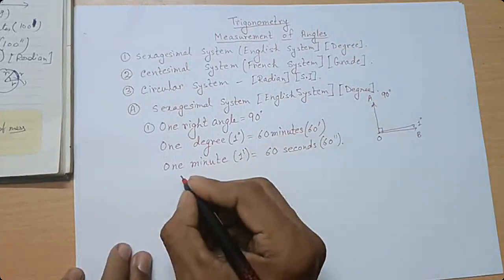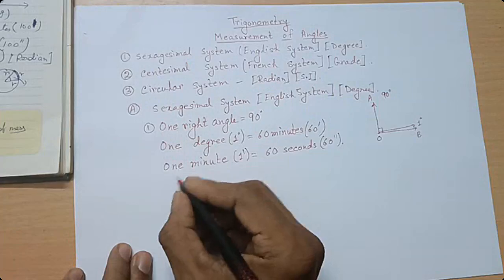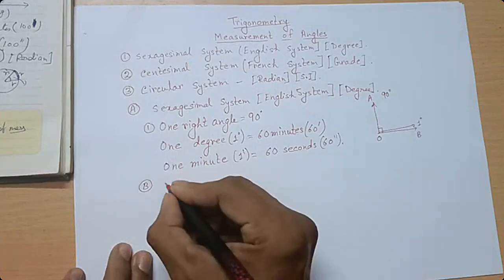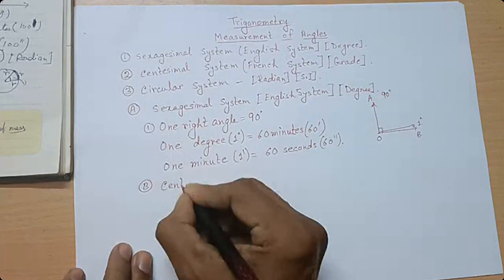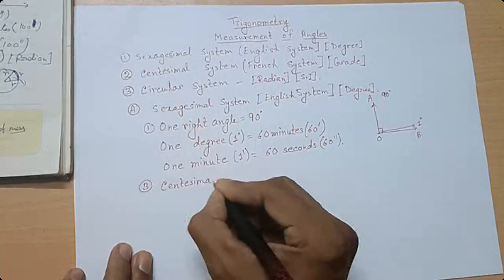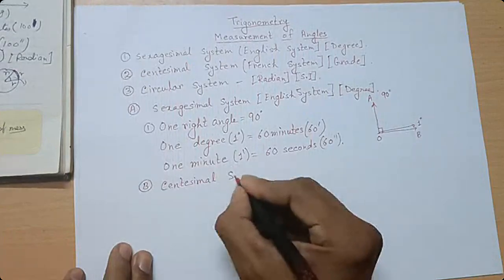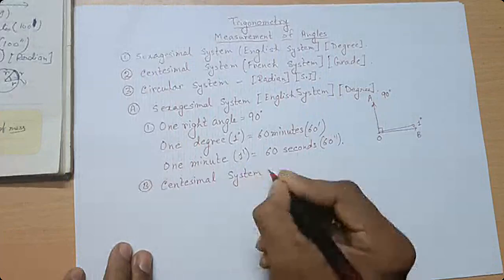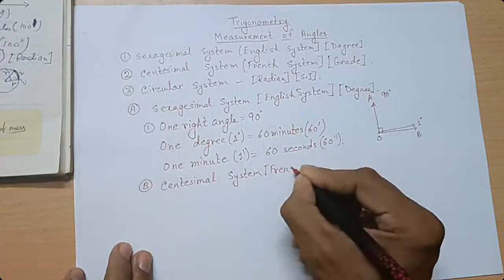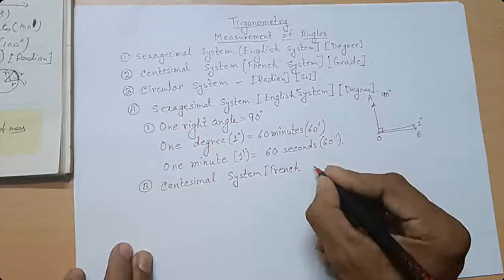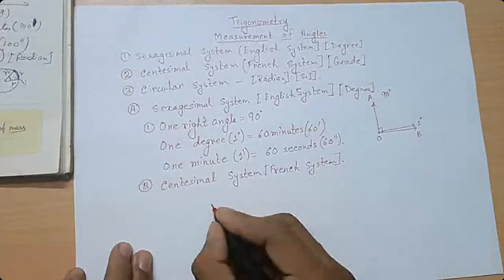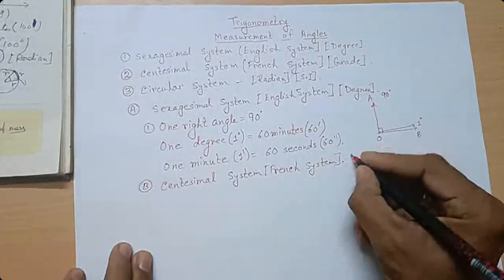Number 2 is the centesimal system, that is, the French system. In the French system, the angle is measured in grades.